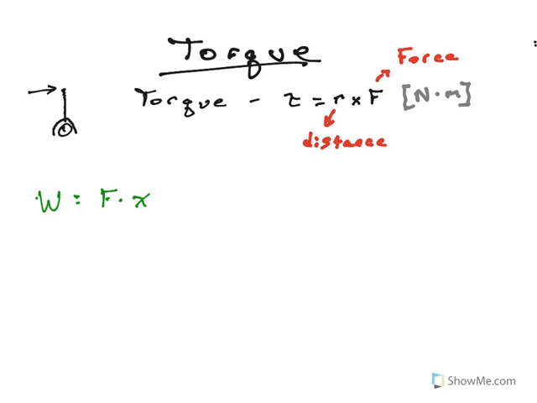And I said very specifically that this is a very special type of multiplication because we're talking about vectors. And with vectors, the math may be a little more complicated. Because force is a vector and distance is a vector, this was a vector multiplication called the dot product.